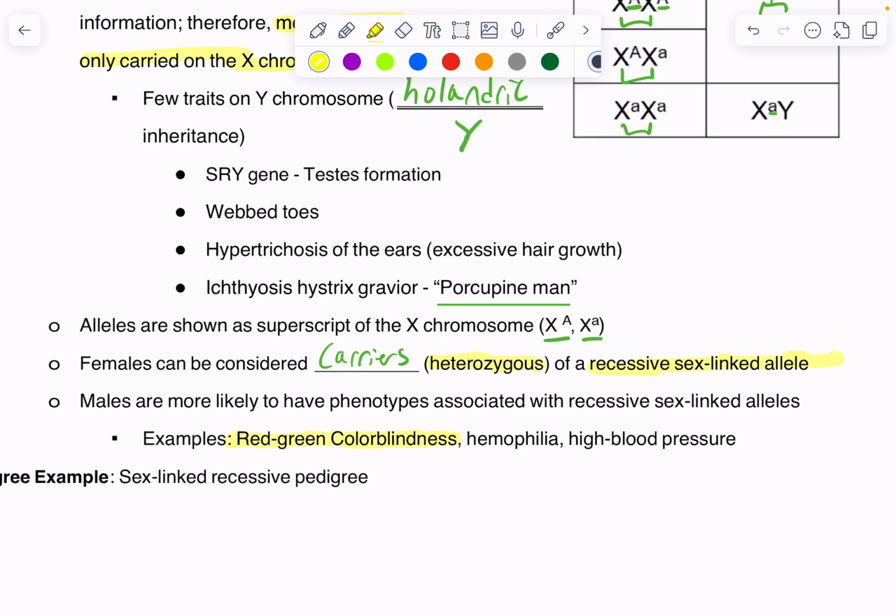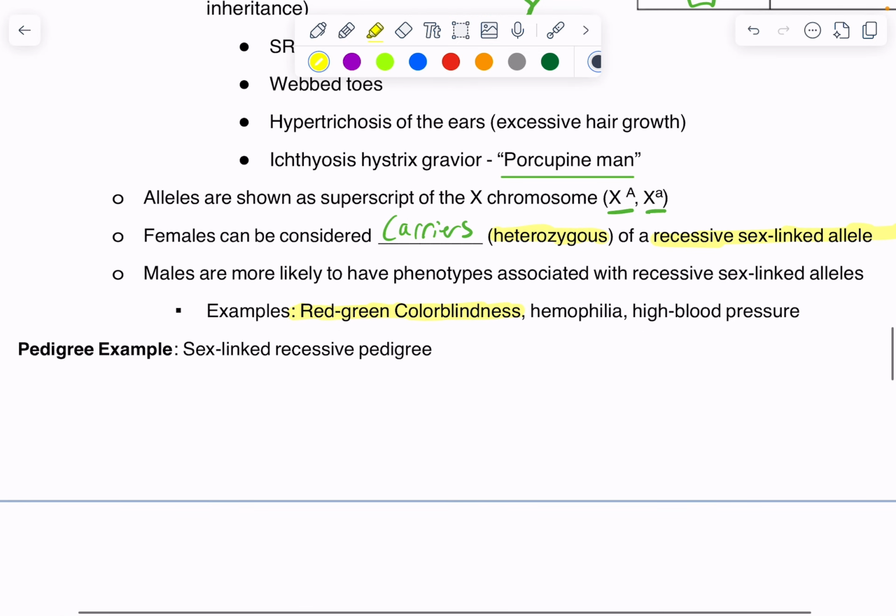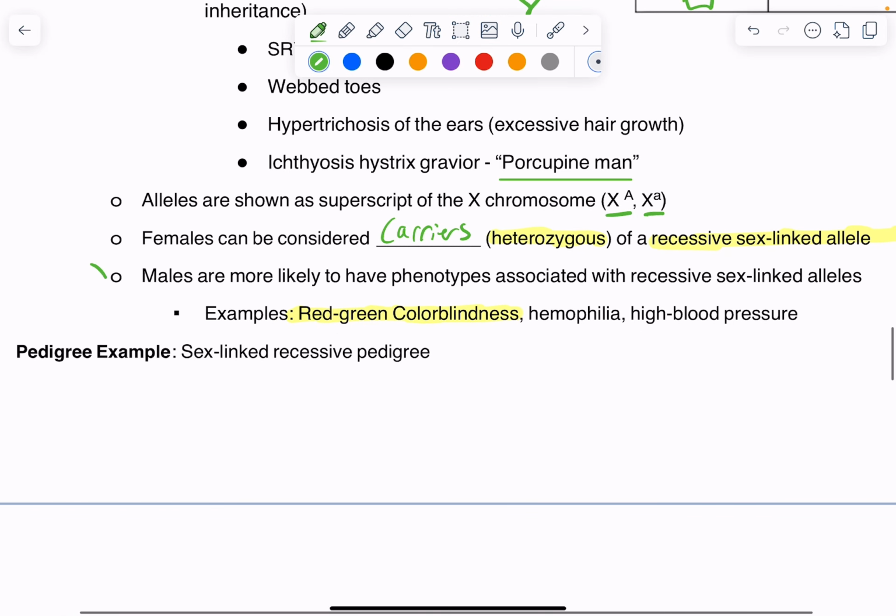And so females can carry it without expressing that color blindness themselves. Males are more likely to have phenotypes associated with recessive sex-linked alleles. And so that's a good thing to consider when we look at pedigrees, is that if males have it more often or in higher frequency than females, that might be a cue to be a sex-linked recessive trait.